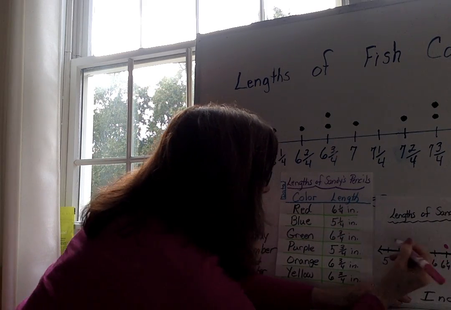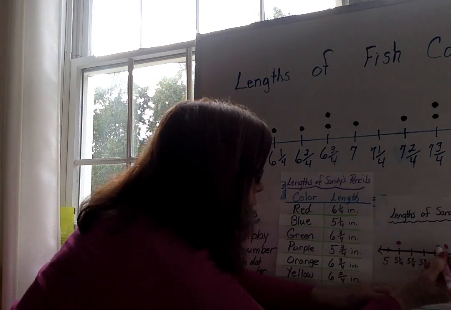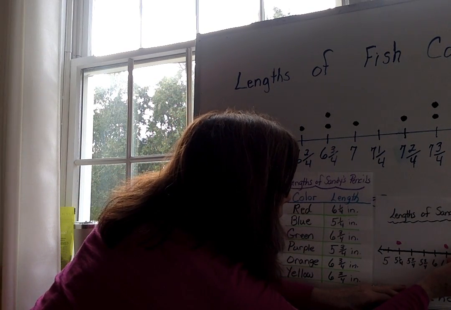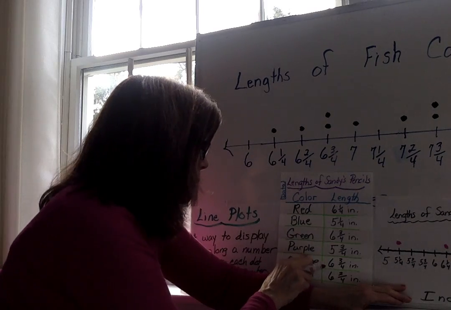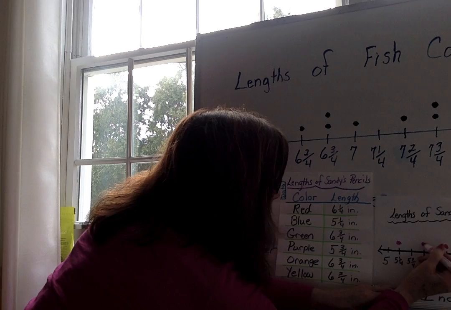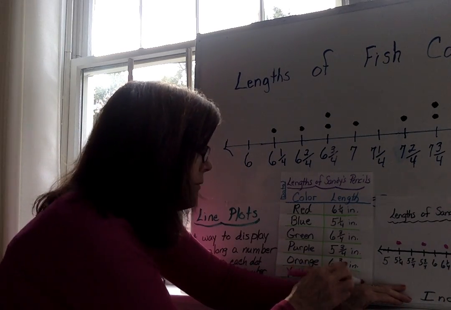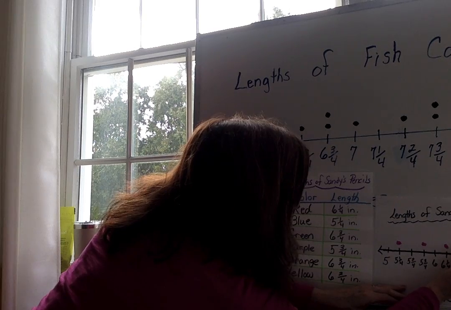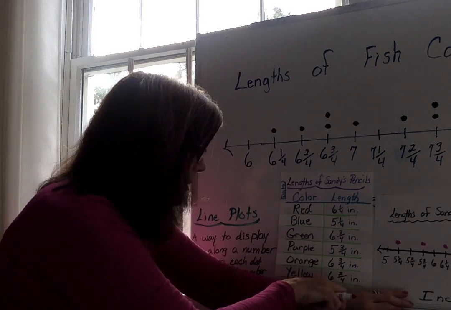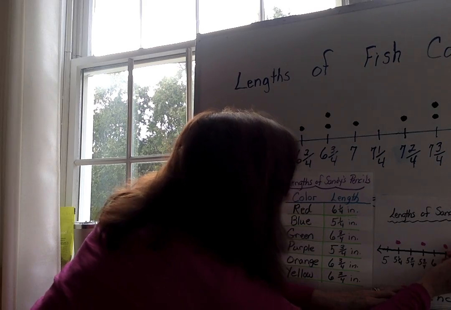That represents the blue pencil. The green pencil is 6 3/4. So right here. Purple is 5 3/4, right here. The orange is 6 3/4, so that's over here. And then the yellow is 6 2/4, so I'm going to put it above that one.